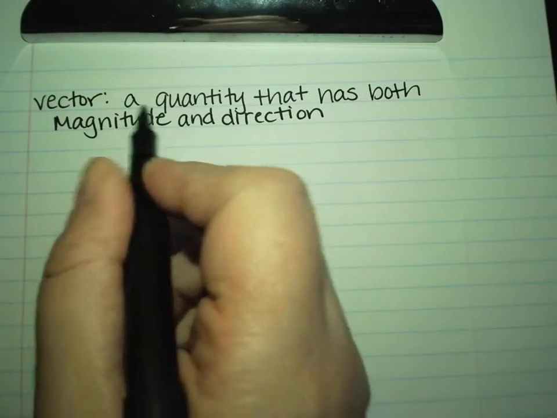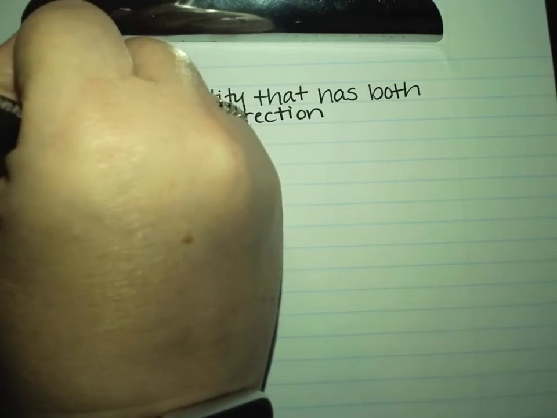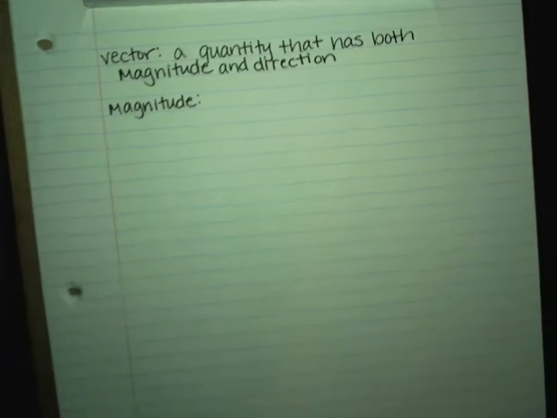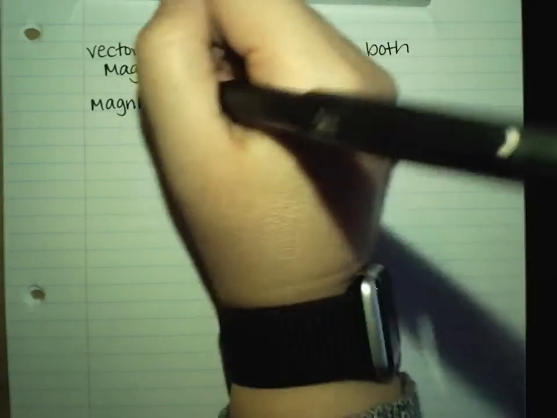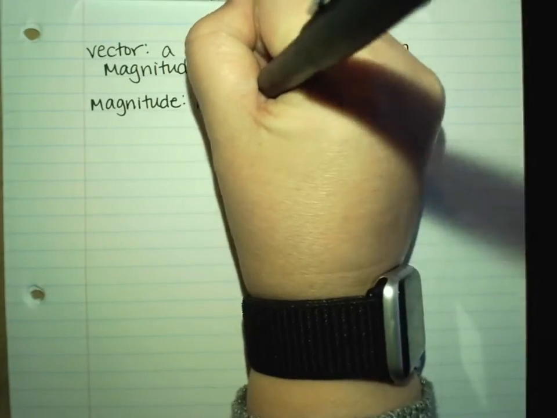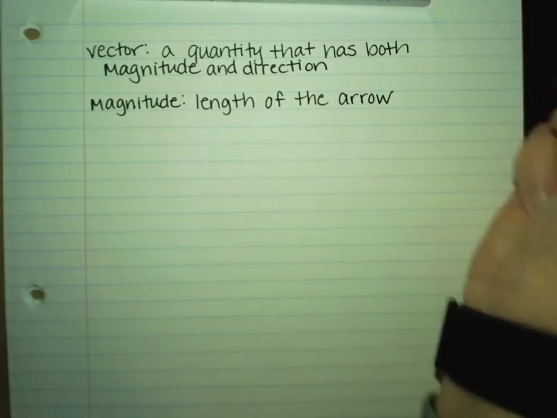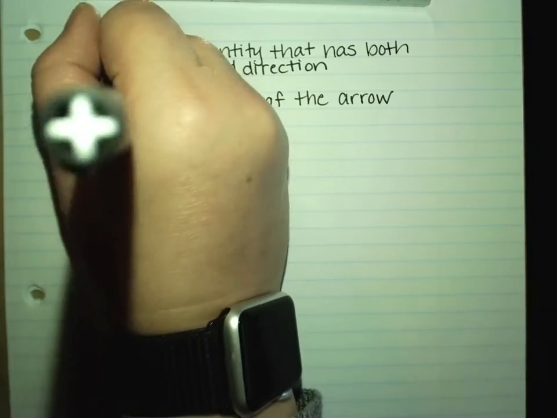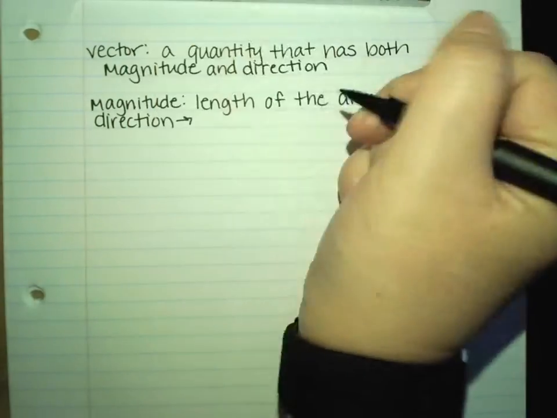So we mentioned this word magnitude. Magnitude is the length of the arrow, and its direction is the arrowhead.